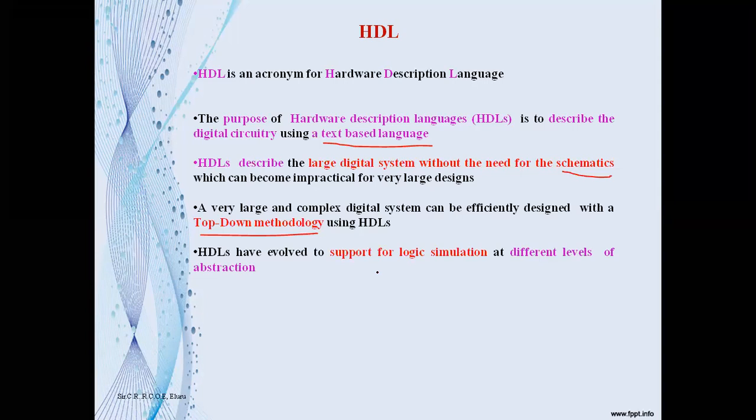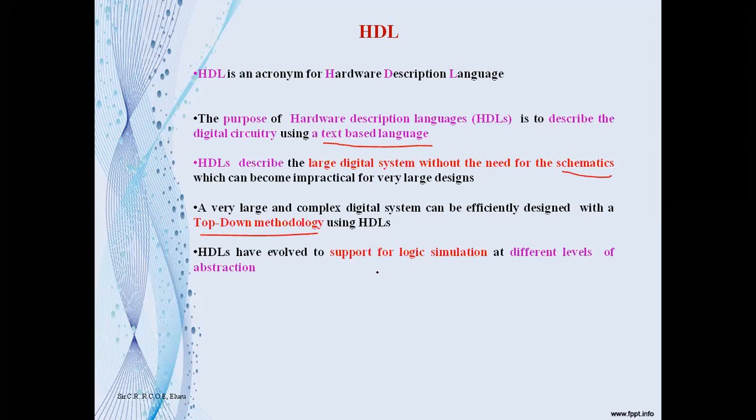But later, the logic synthesis tool was developed and added to the hardware description languages. So earlier it was only for documentation and simulation, and after the logic synthesis tool was developed, it was also added to the VHDL tool. And finally, the hardware description language serves three purposes.